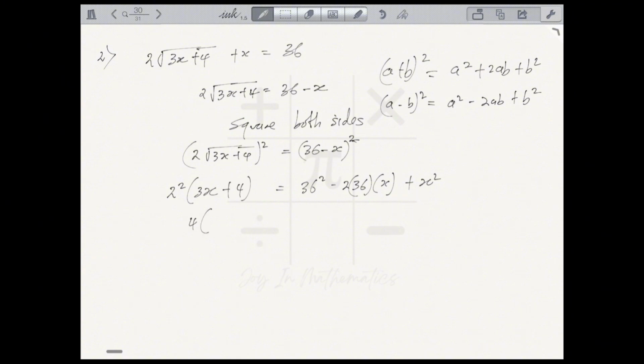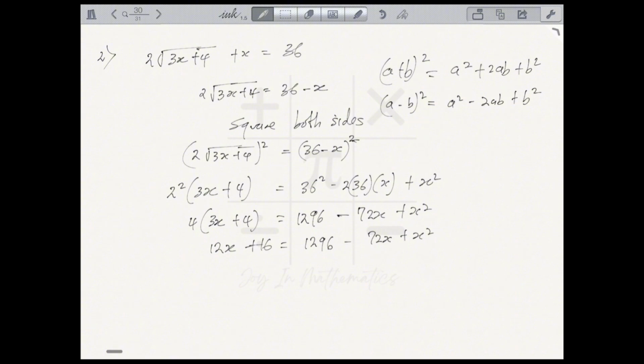Therefore this gives us 4 into 3x plus 4 is equal to 36 squared, which is 1296, minus 72x plus x squared. Simplifying further, the left hand side will be 12x plus 16 is equal to 1296 minus 72x plus x squared.